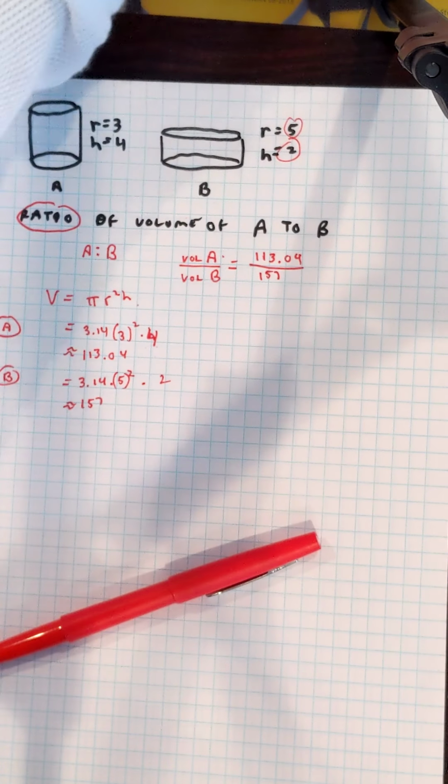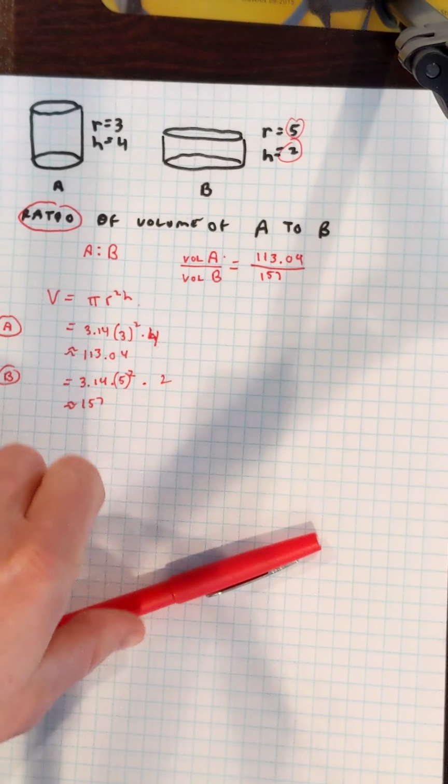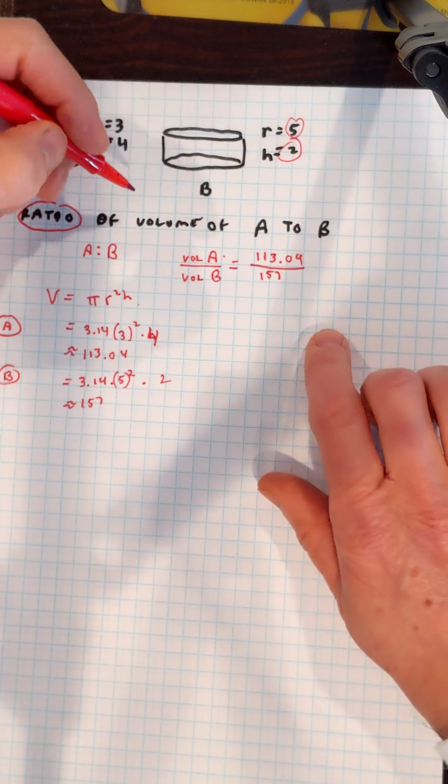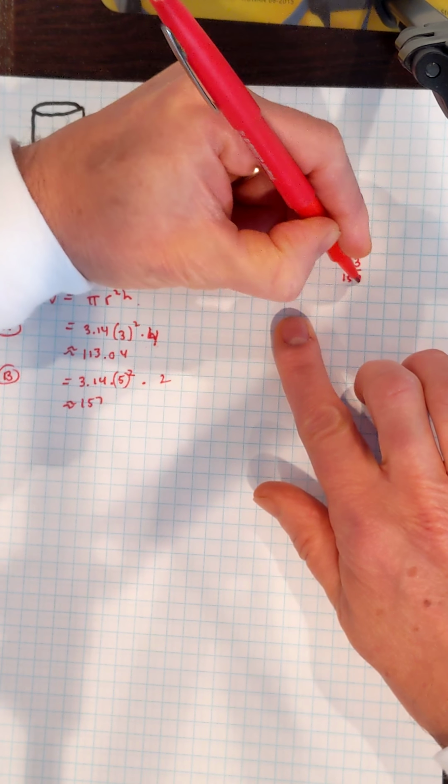Now, let's see how they want the answer. Okay, they've got whole numbers there. So volume of A to the volume of B, so 113 divided by 157.